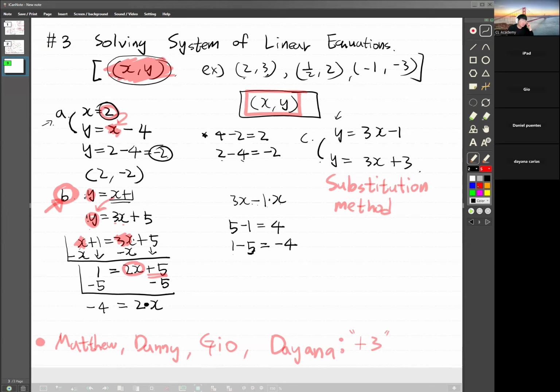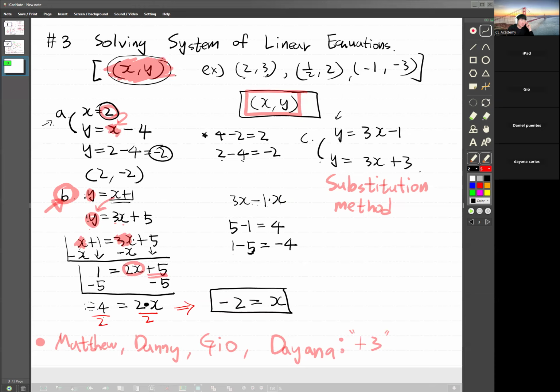So what do we do? Inverse operation. What is the inverse of multiplication? Division. So we divide by 2. Yes, Danny, correct. 2 over 2 becomes 1. 1x equals 4 divided by 2 is 2, but we have a negative sign, so negative 2.